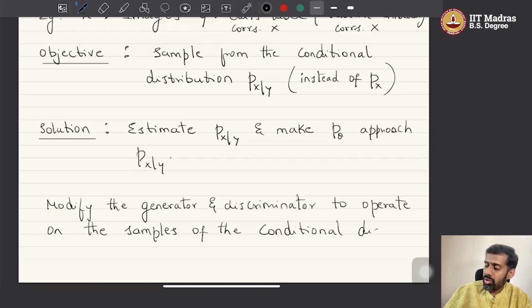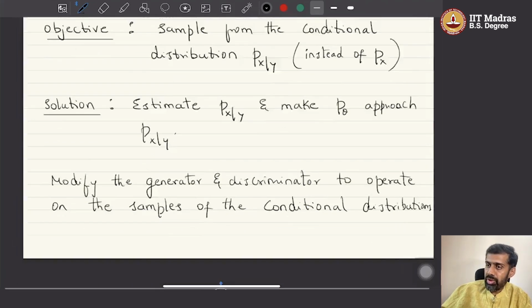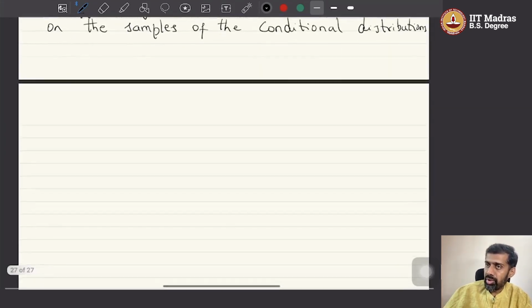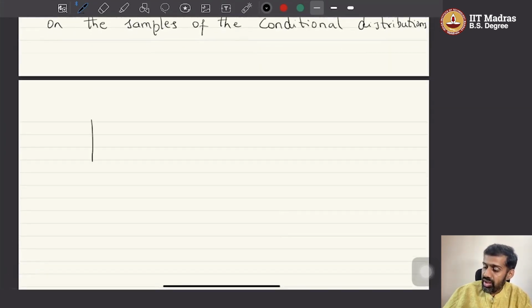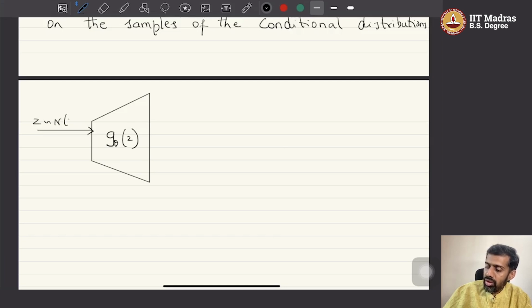We have the generator g_theta of z, which was already taking samples from normal(0,1) as input.